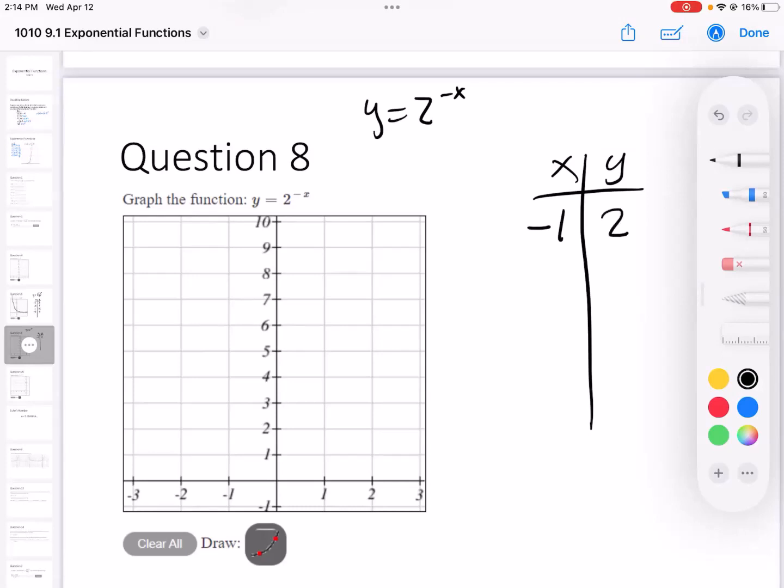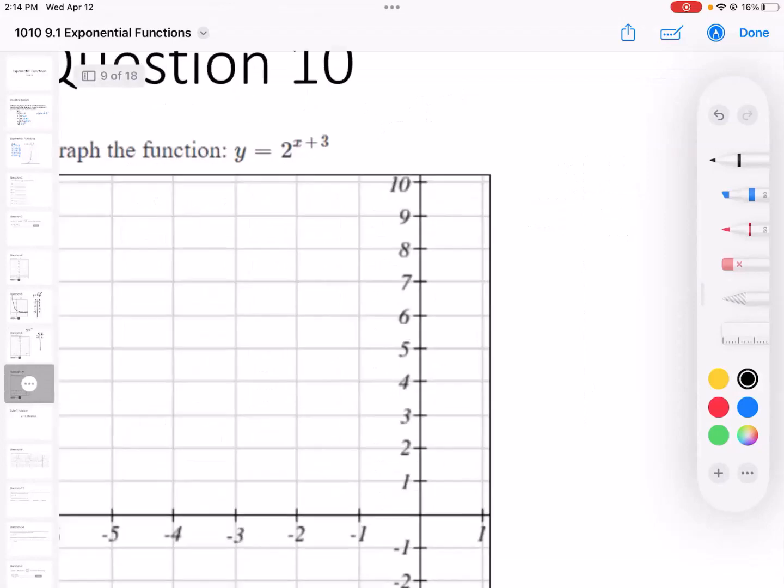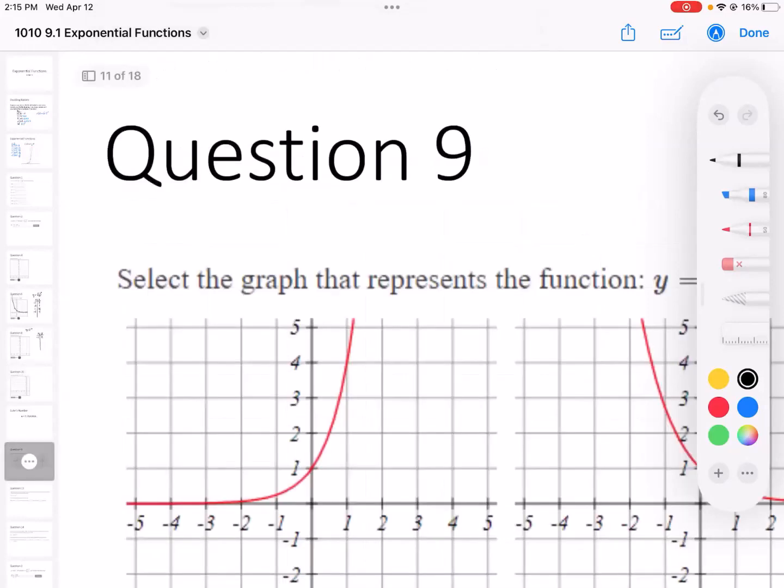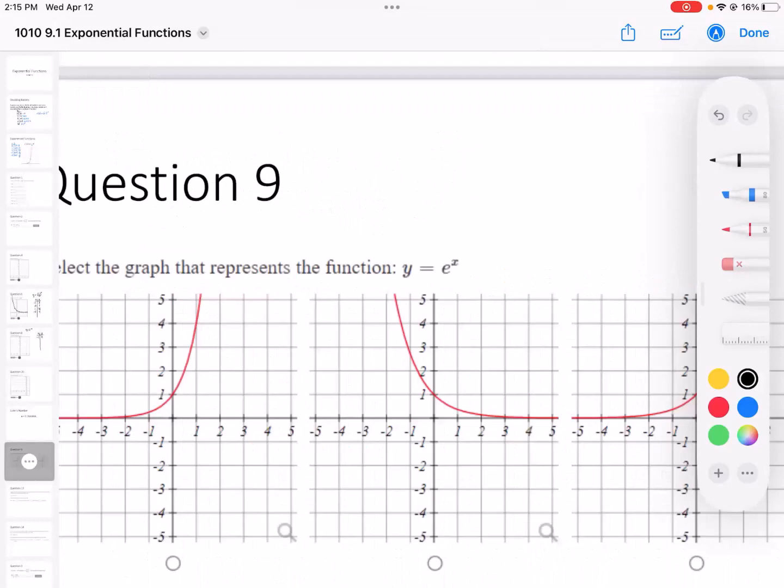So you just choose your x values based on what you think would be easy to plug in. You might also get some like this, where you have some addition or multiplication inside of the exponent.